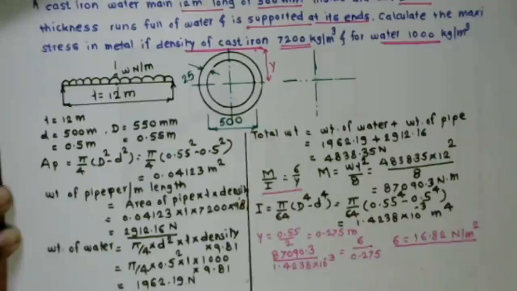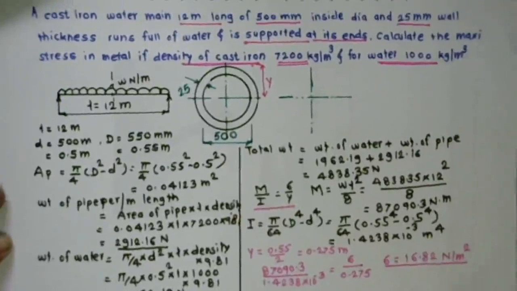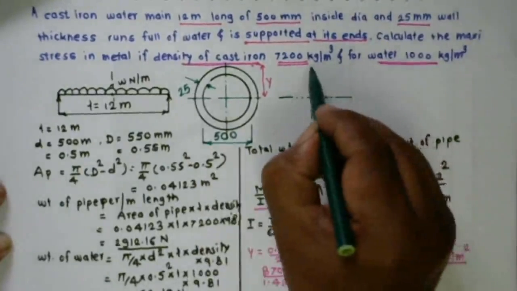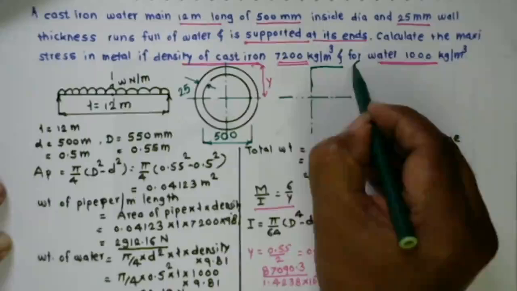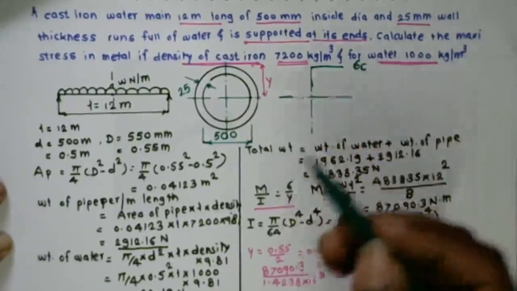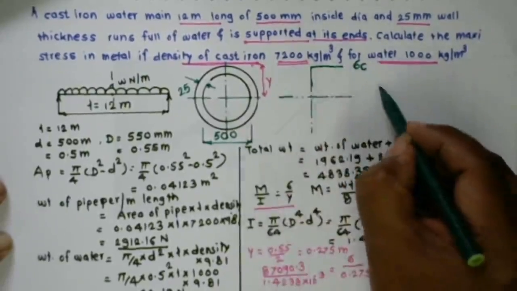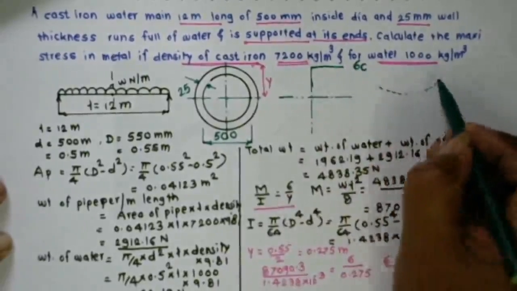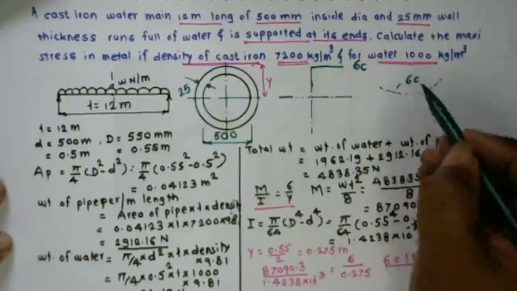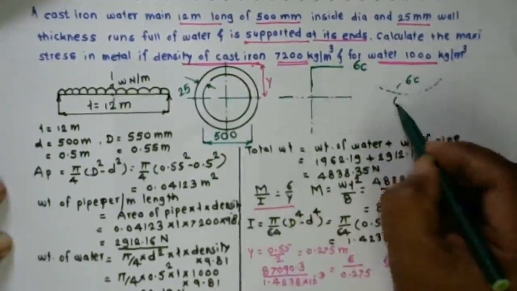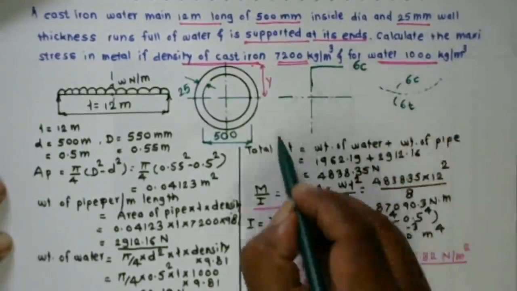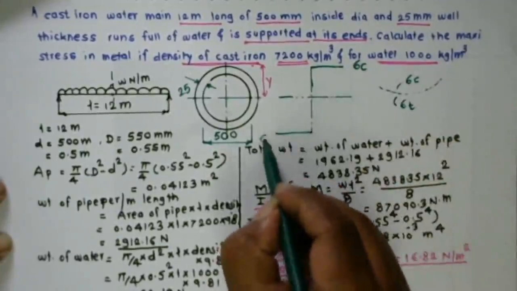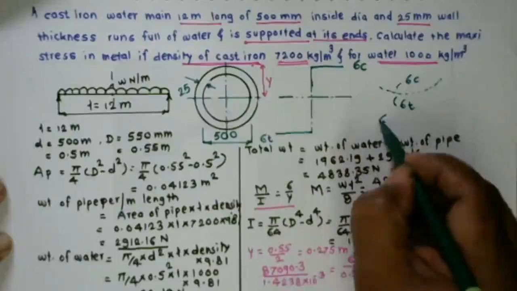So in that case, it is a symmetrical section, and it is a simply supported beam. So compressive stress acts above the neutral axis and tensile stress below the neutral axis. On this side it is a tensile stress, but both the values should be the same.